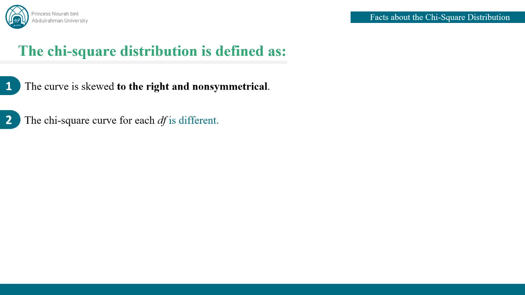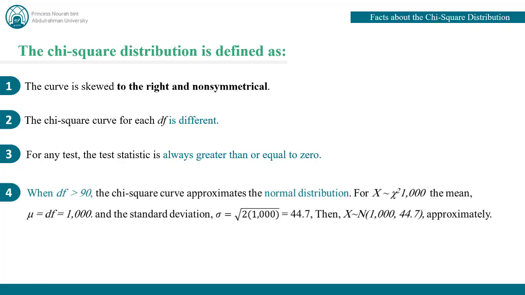The chi-square curve for each degrees of freedom is different. For any test, the test statistic is always greater than or equal to 0. When degrees of freedom is greater than 90, the chi-square curve approximates the normal distribution. For chi-square with degrees of freedom 1000, the mean equals the degrees of freedom, which is 1000.